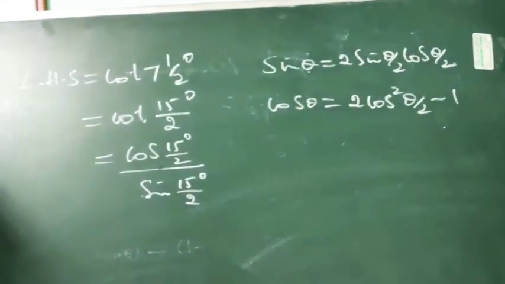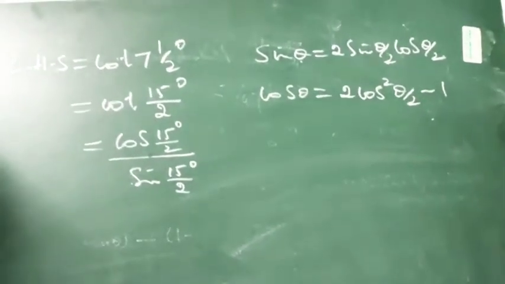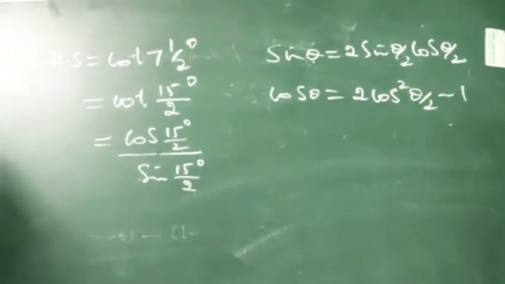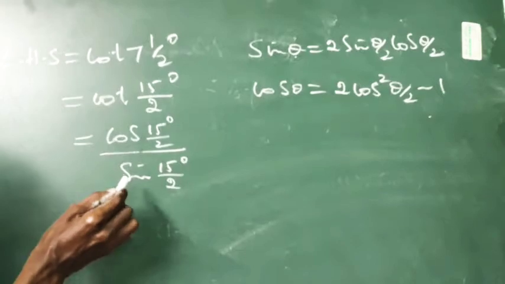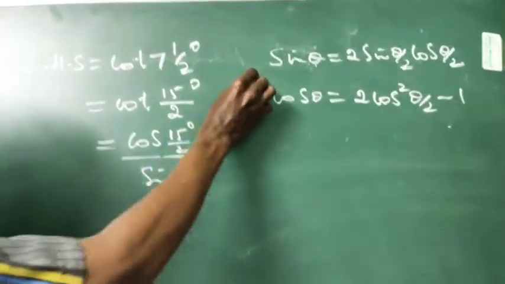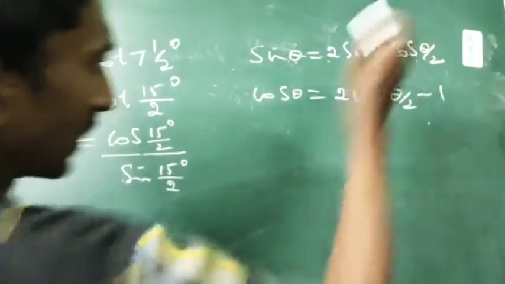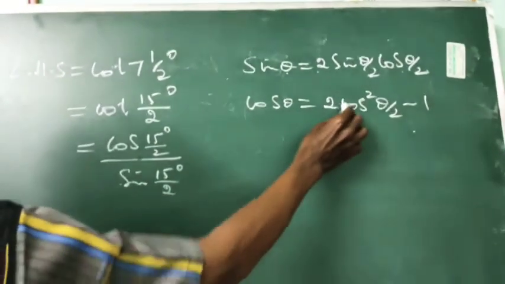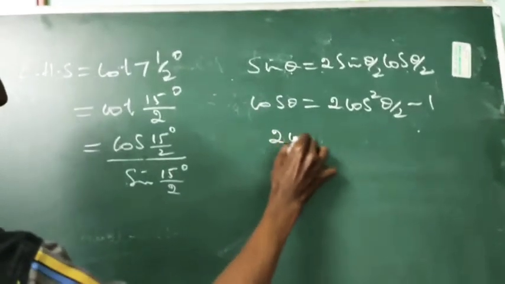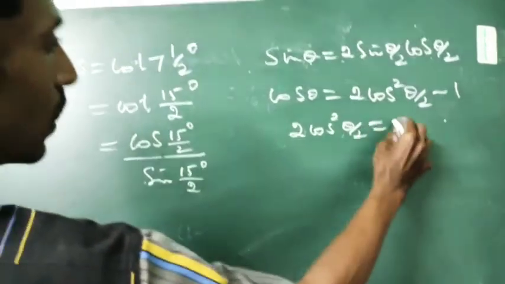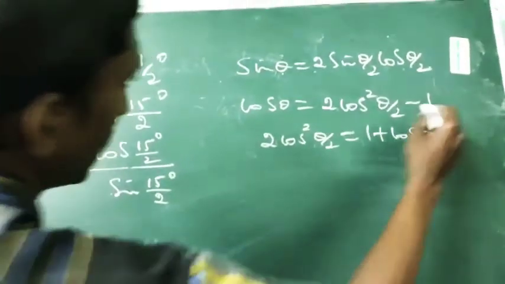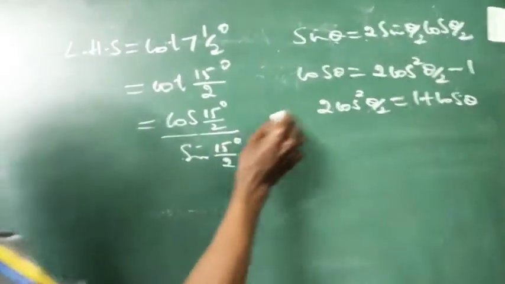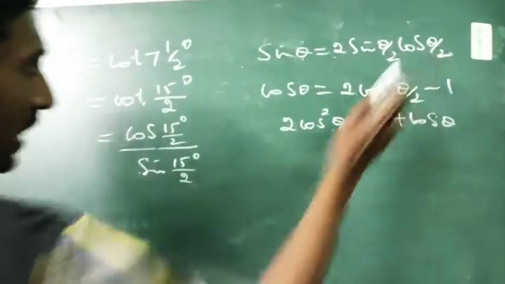To convert the denominator to sin theta, we need 2 cos theta by 2. Similarly, if we rearrange, we get 2 cos square theta by 2 equals 1 plus cos theta. So multiply both numerator and denominator by 2 cos theta by 2.